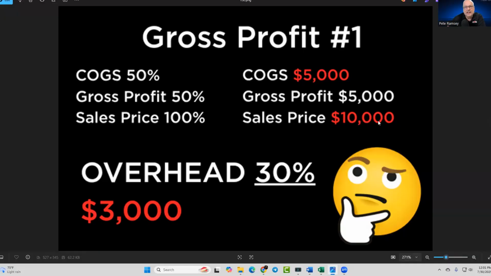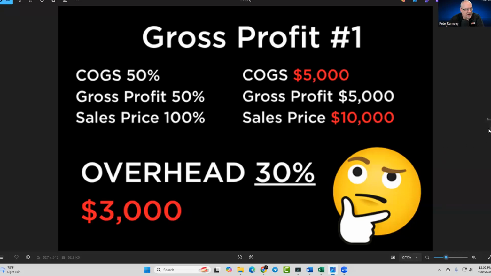Now the assumption is that your overhead, all those bills, the rent and stuff, they're actually a percentage of this, and they're an estimated 30%, maybe 25%, depending on how you're set up, or even lighter, is going to go towards overhead. So we have on this change out, we'll call it a 2-man crew doing a change out, $3,000 to pay the overhead. Sounds good, right? Okay. The other $2,000, by the way, would be your net profit.